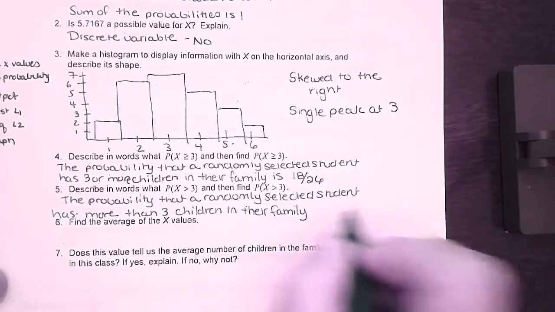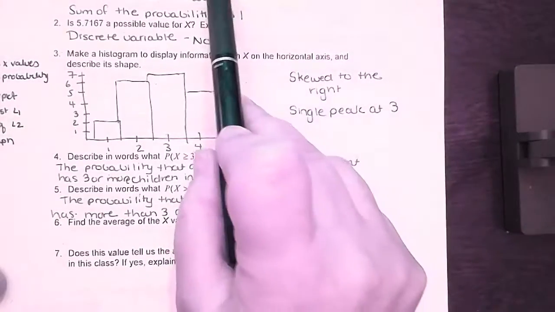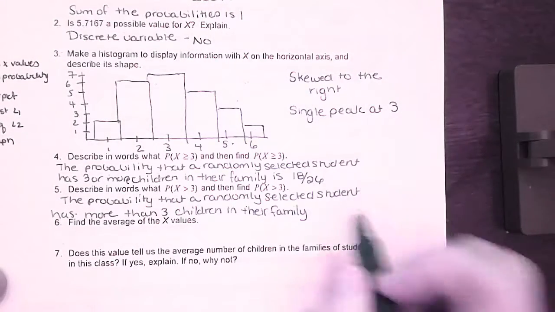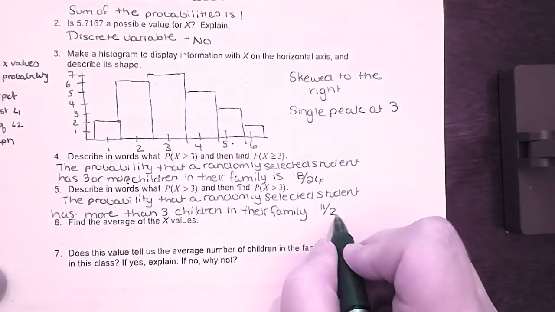That probability is 5 plus 4 plus 2, so that's 9, 10, 11, which is 11 out of 26.